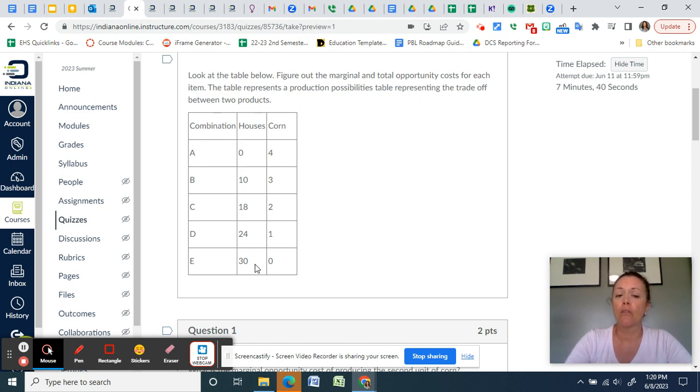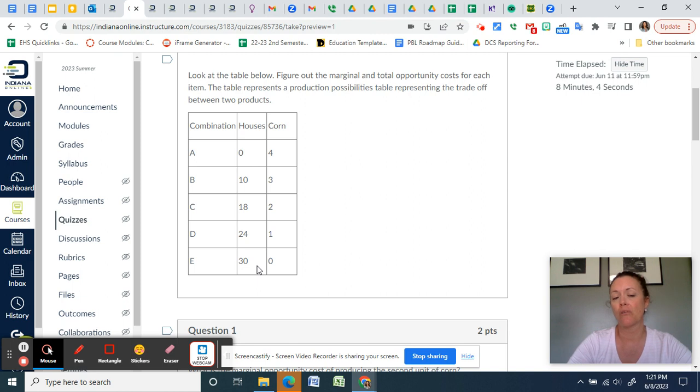Now, if I look all the way down at possibility E, where I've got 30 houses and 0 units of corn, that's where the total opportunity cost comes in. So marginal is looking at increments. Going from 3 to 4, my marginal opportunity cost was 10 total houses. But if I look at total to get to that 4 units of corn, how many houses total did I have to give up?